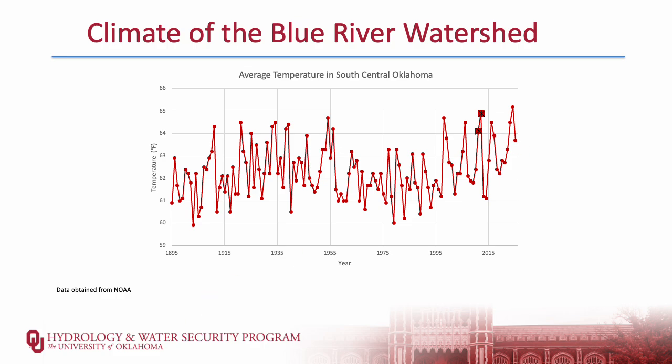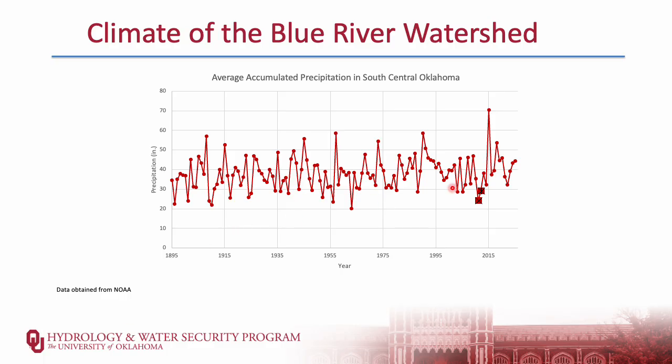But if we go to the next slide, we'll see the average accumulated precipitation in south central Oklahoma, and we'll see the 2011 and 2012 precipitation values for this climate zone. And as you can see, they're pretty low as well, so they match up pretty well with the high temperatures and low precipitation, making up for drought in this region in 2011 and 2012.